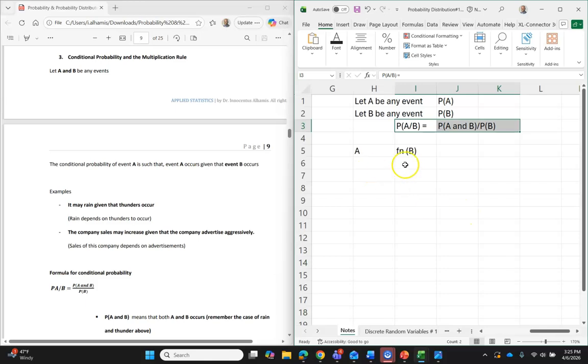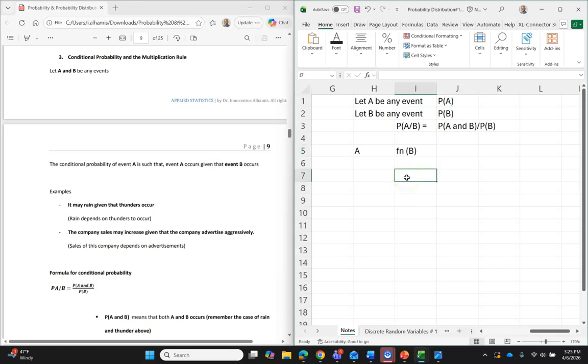If A is a function of B, then the conditional probability can be written as probability of A given B, expressed as the joint probability of A and B divided by the probability of B. So let's consider an example to explain this.